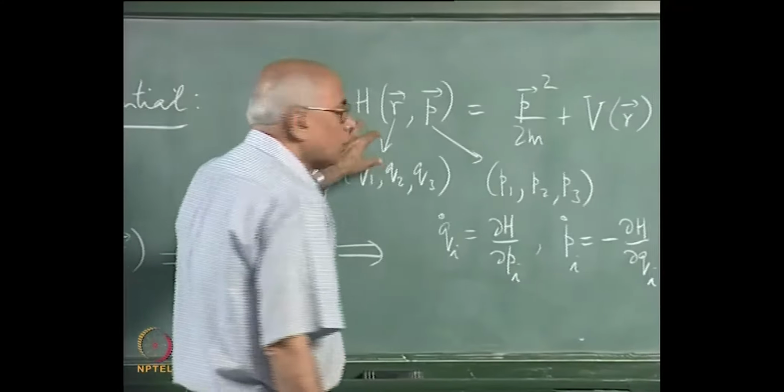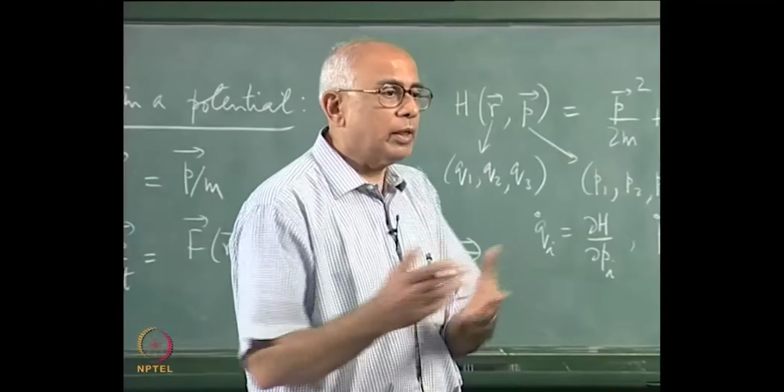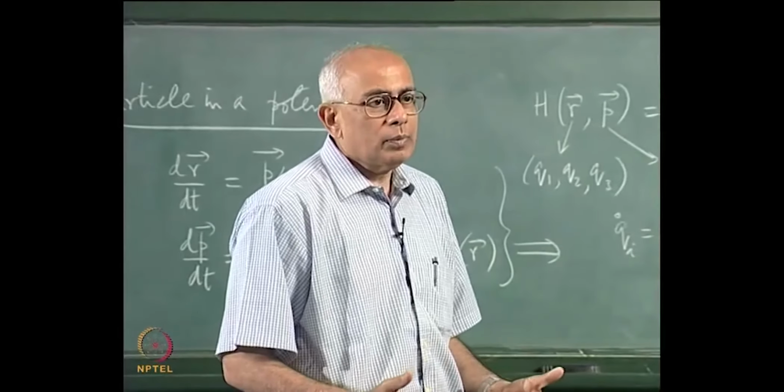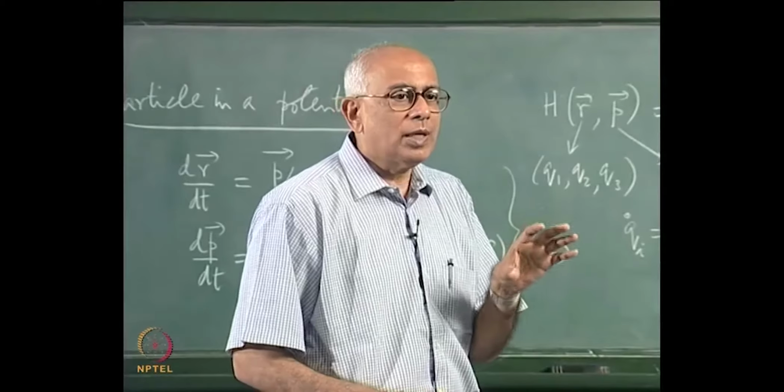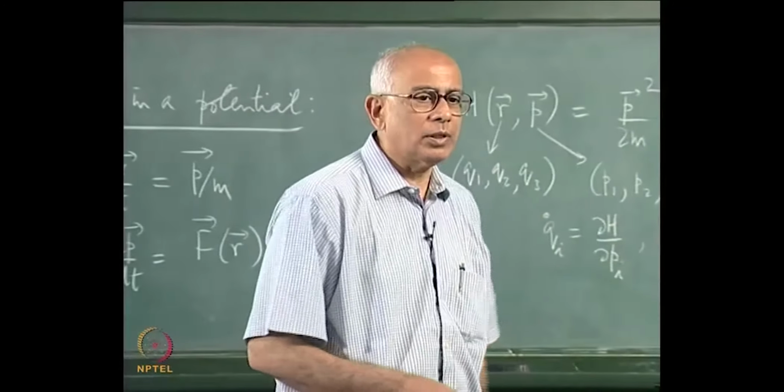The prescription for writing the Hamiltonian down in conventional mechanics is fairly straightforward. You start with the Lagrangian of the particle and then you make a certain transformation and go over to the Hamiltonian, and generally in elementary problems it turns out to be the sum of T and V, where T is the kinetic energy and V is the potential energy.